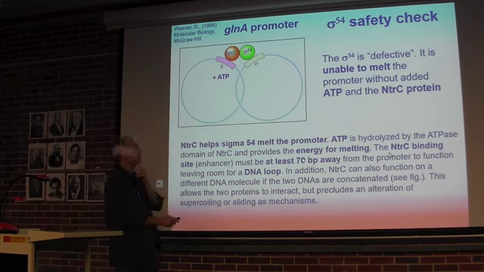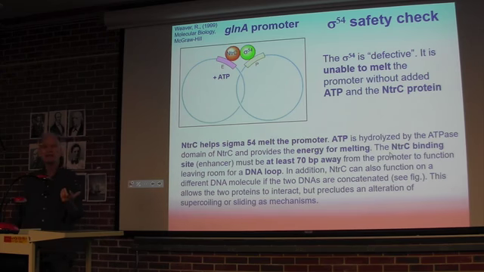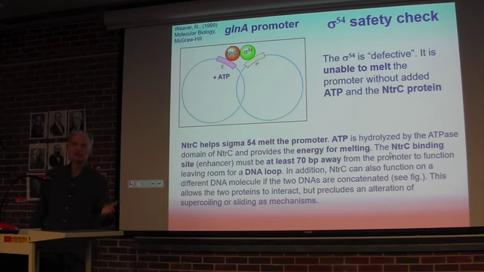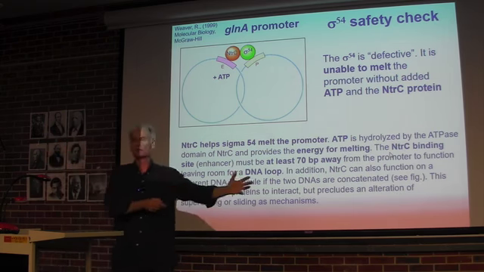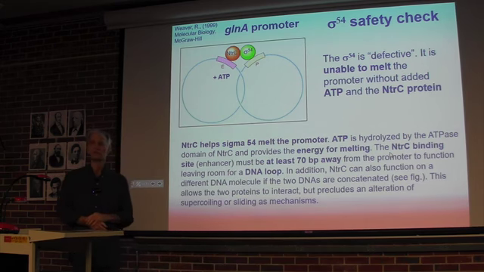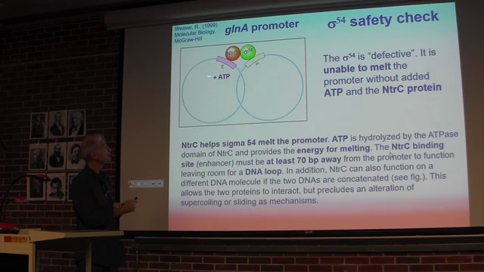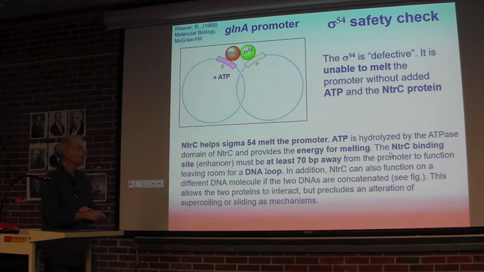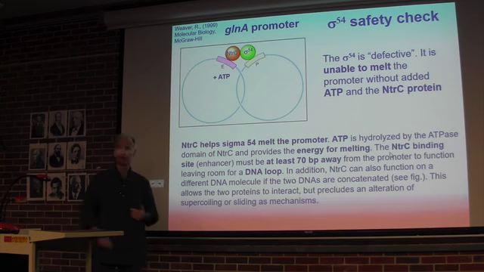You know, I bet I know why that's true. If it was any closer, it'd be sitting in that sigma 70 promoter, and sigma 70 needs to bind there so it can be channeled into interacting with sigma 54. So it doesn't really need to be 70 away, because who knows how much that is. It just needs to be on the other side of that sigma 70 promoter.